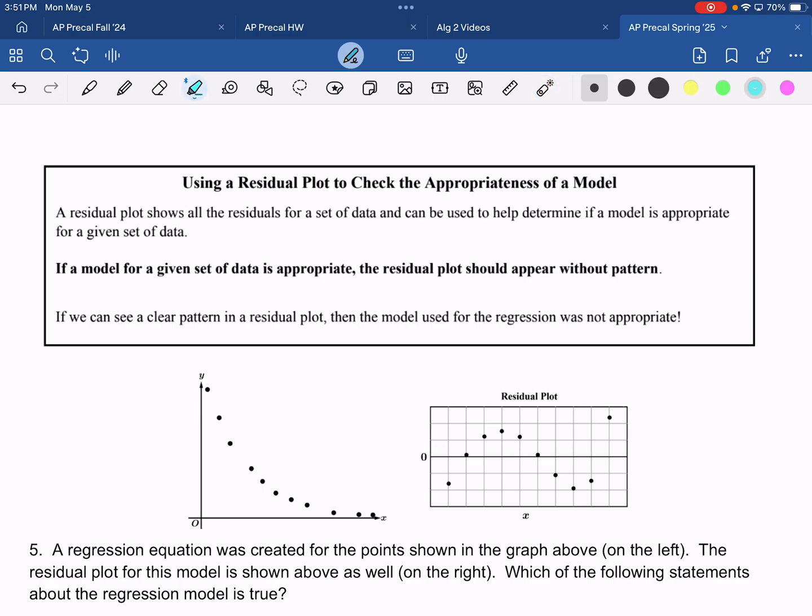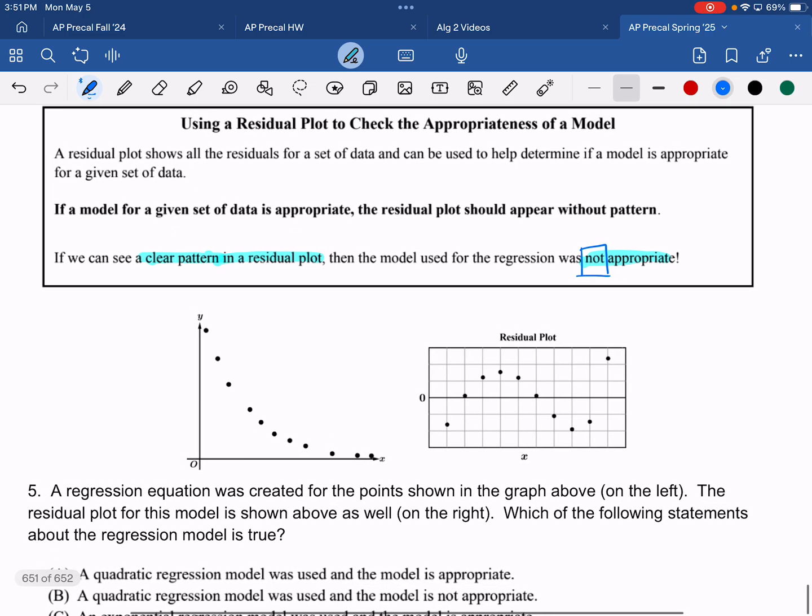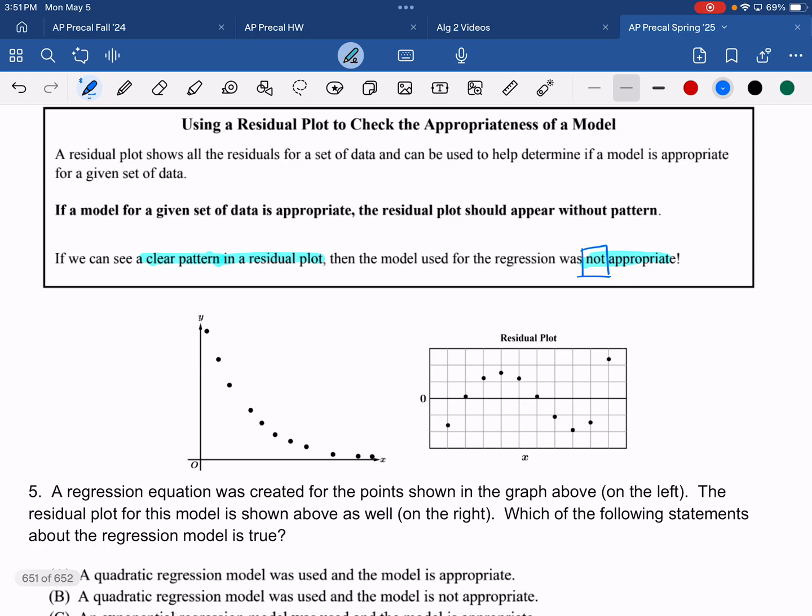The big takeaway is that if we see a clear pattern, what does that mean? That's bad. Not appropriate. Another thing that I've had to train my brain: when it talks about a model, the model is the regression equation that they picked.